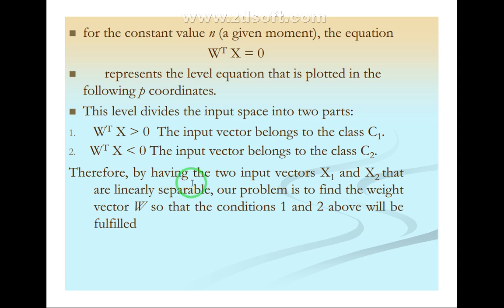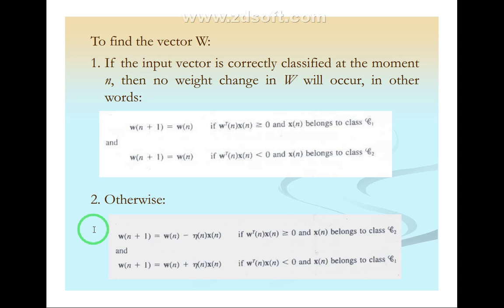Therefore, the two input vector sets x1 and x2 must be linearly separable; this is very important. The basic model, the single layer perceptron, works in this area. If these vectors are linearly separable, our problem is to find the weight vector w so that conditions 1 and 2 are fulfilled.